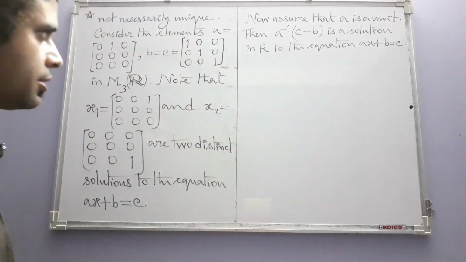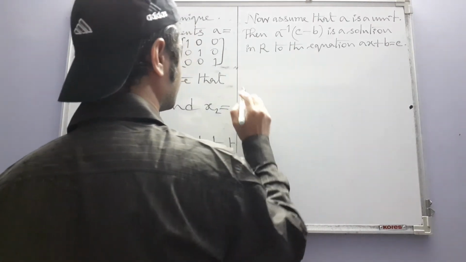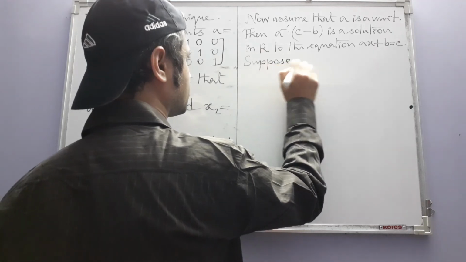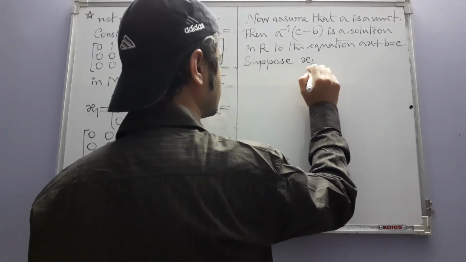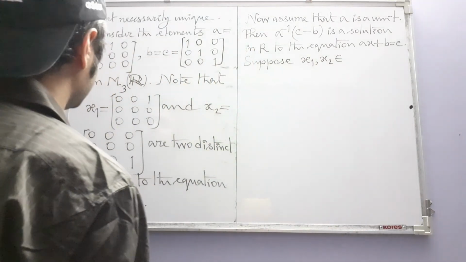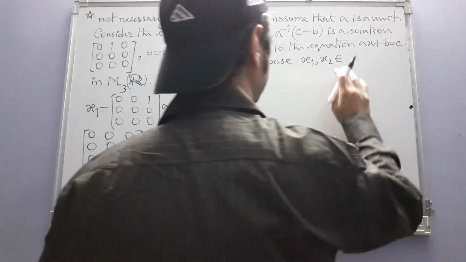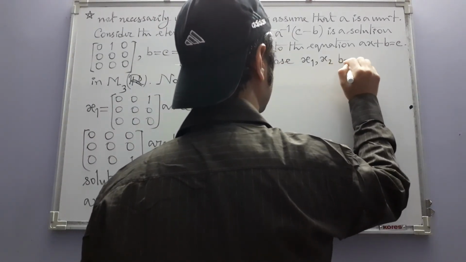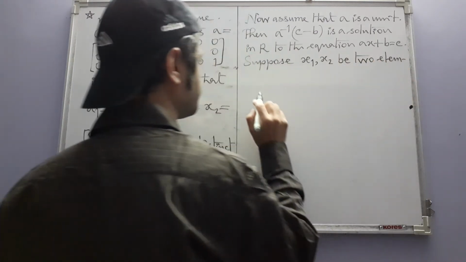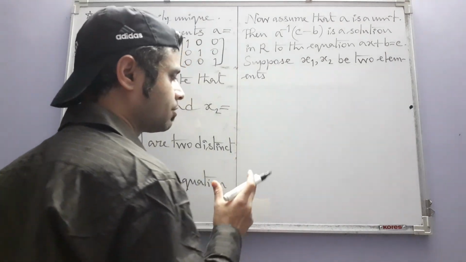Now we come to the question of uniqueness in this situation. Now suppose x1 and x2 belonging to, we haven't named the ring, no? This is the disadvantage of not naming things.